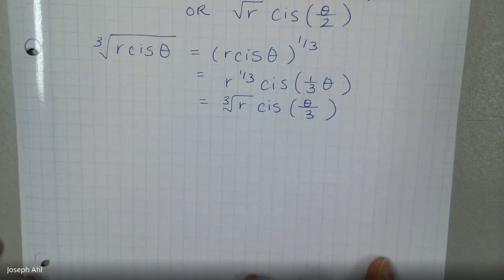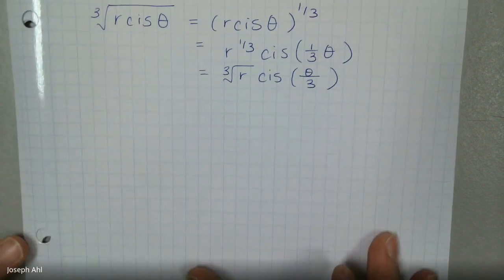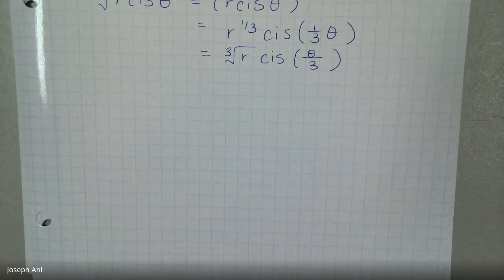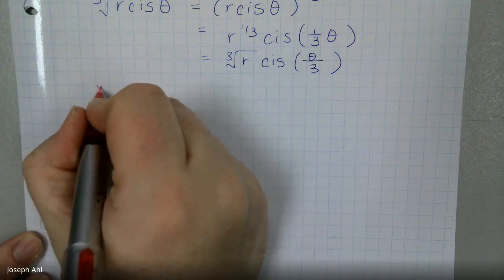So what we're building towards here is that I don't always have to be taking the square root or the cube root of a number. We can be taking any root in general. So when we take the nth root of a number in r cis theta form, that's what we said at the top, finding the nth root of polar numbers.